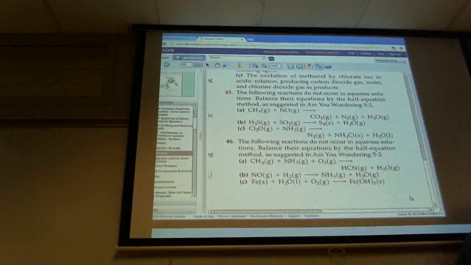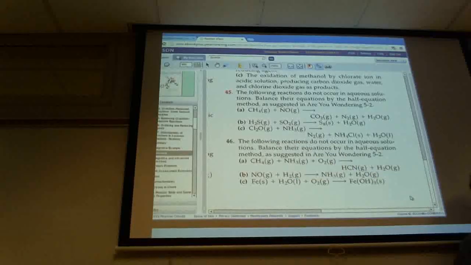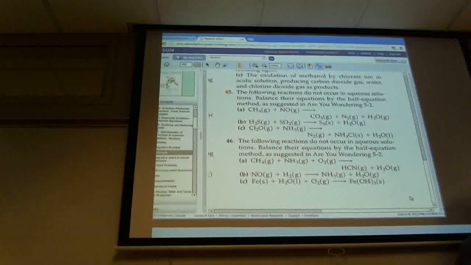There is a reaction that I like with lead in it. That's tricky, that people often get wrong, because they don't look at lead doing two different things. But I wouldn't worry too much about it.